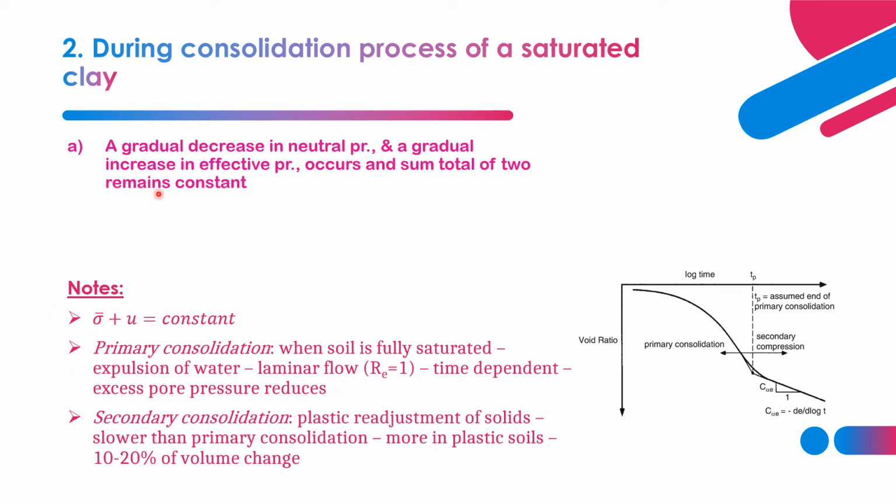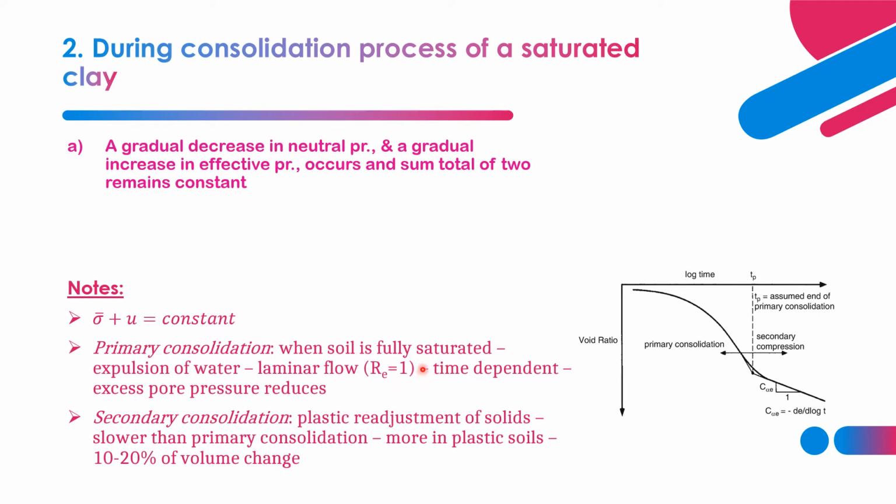So this is the first point we have already discussed here. Sigma bar plus u, that is effective stress plus pore pressure, remains constant. During consolidation process, there are two types of consolidation: primary and secondary. In primary consolidation, when the soil is fully saturated, there will be expulsion of water and laminar flow takes place. What is laminar flow?